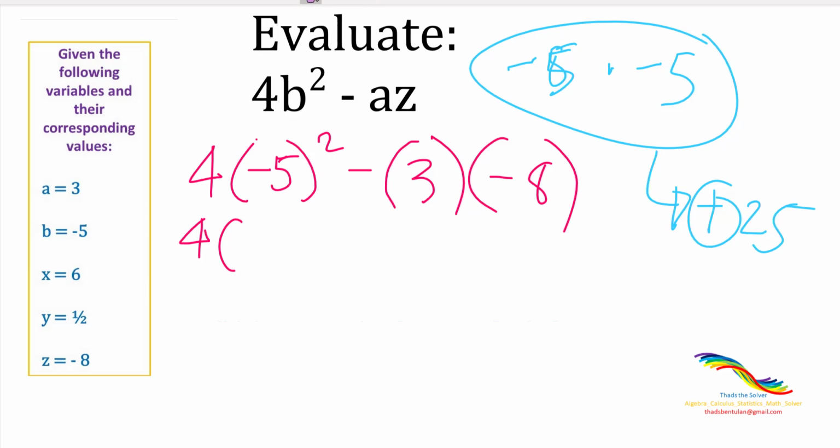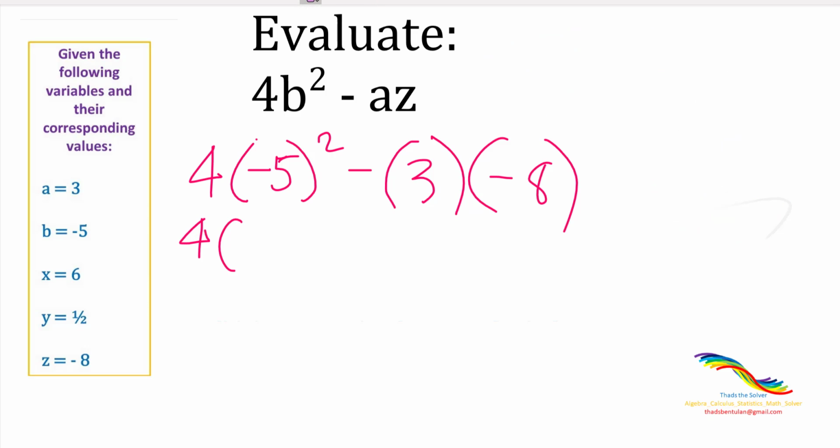So -5 squared is 25, minus 3 times -8. Okay, 3 times -8, that is +3 times a negative number 8.